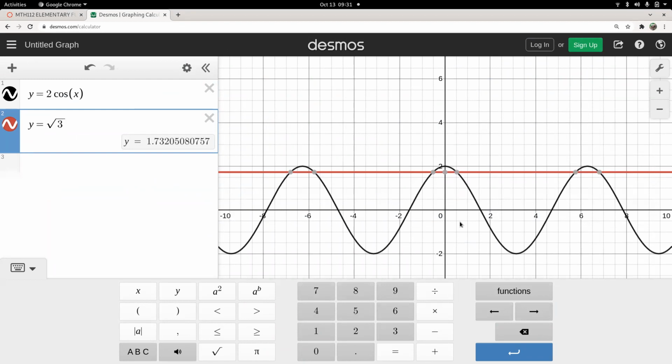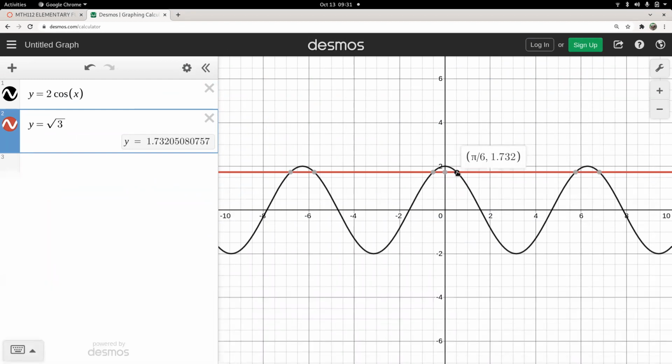I'm looking for solutions from 0 to 2 pi, right, which is up to that peak right there. So that means I want this solution here, nicely gives it to me, and I want that solution there. So if I have a special angle, notice Desmos knows special angles too. So it's confirming the solutions I found earlier.